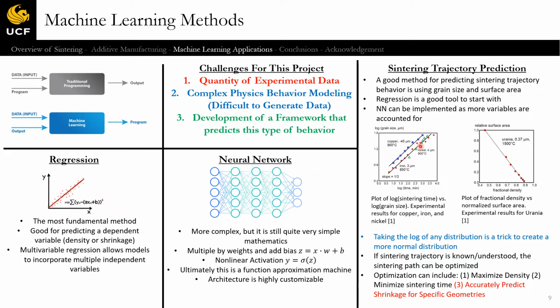And part of the reason why that linear relationship occurs is not necessarily because of the physics, but because when you have this type of distribution of data and you take the log of it, that's actually a very normal technique in machine learning, to take the log of any distribution to create a more normal distribution. So then it becomes more linear because of taking the log. If you didn't take the log of both of these variables, then it would not be so linear.